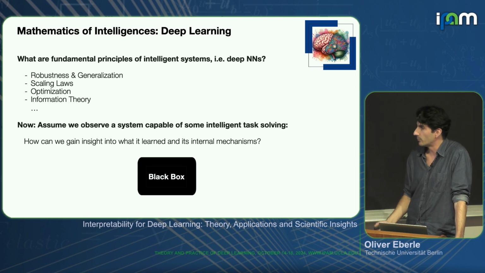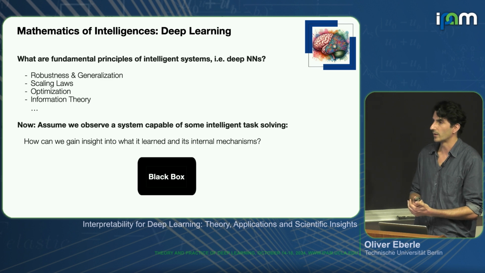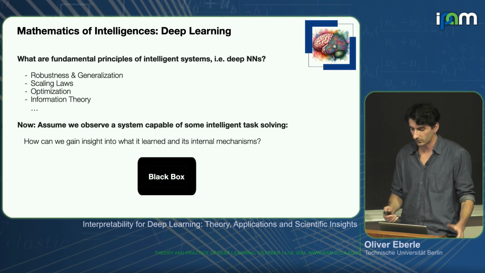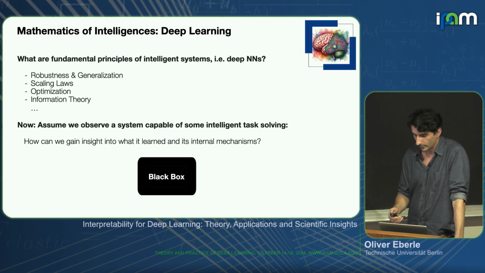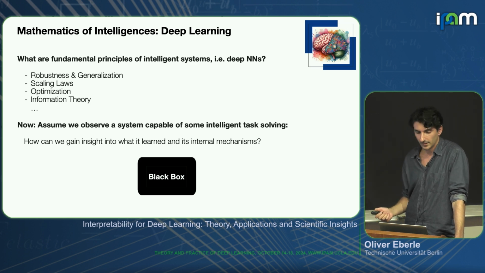So the notion of a black box is maybe not the perfect analogy for neural networks, but it has been heavily used. Still, it's very difficult, even with access to all internal weights and activations, to make sense of it because they are so deep and so highly complex. That's just as a small intro here.